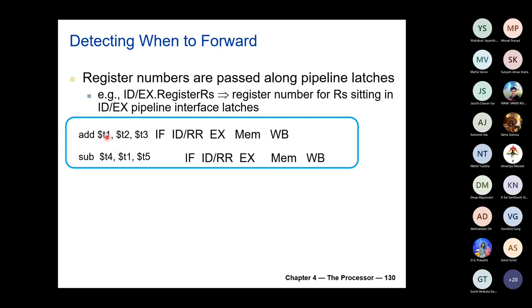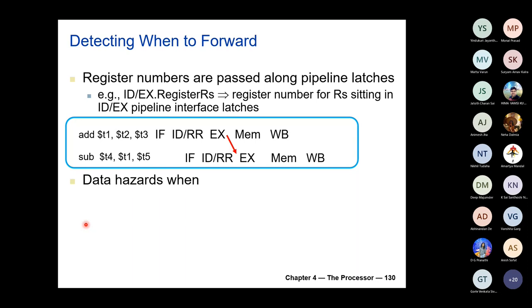Whether these two registers are the same. Therefore, is the destination register of this instruction the same as a source register of the next one? There are two source registers here, one called S and the other called T. Does one of the source registers coincide with this?